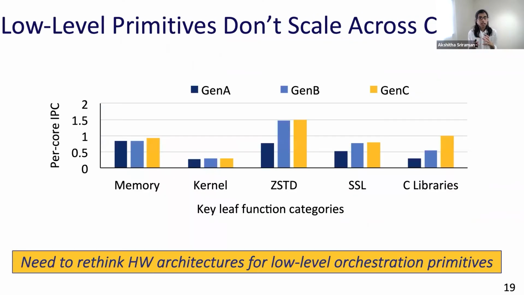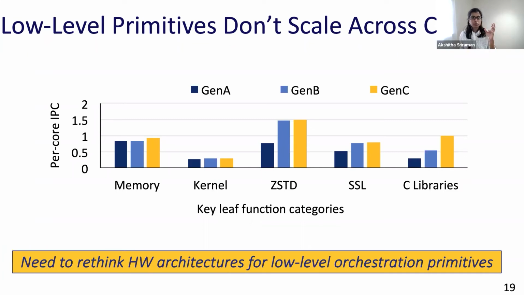And we also went down the path of trying to find out how the IPC scales even across these lower level primitives. And we find that they don't actually scale well across different processor generations. So in this graph here, I'm showing you the data for 3 successive processor generations used at Facebook.